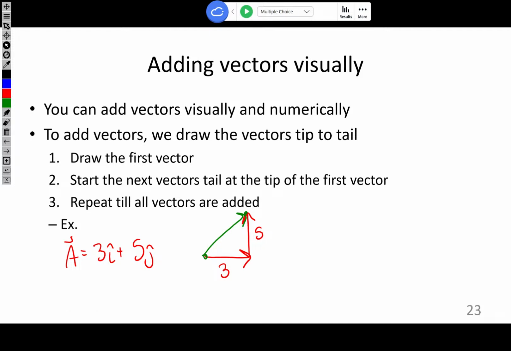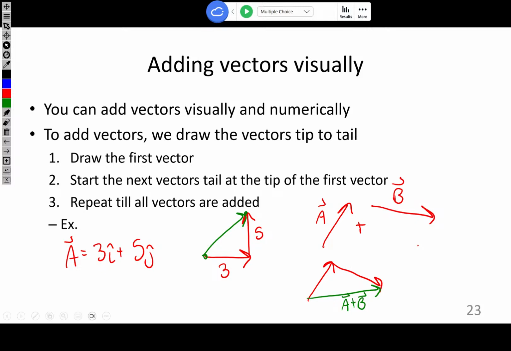Let's go ahead and take an example that's a little bit more weird. Let's have a vector here. Let's call this one A. We're going to have a vector B. Boom, there it is. What do these look like if I add A plus B? I draw A. I add B. That's A plus B. Super easy.